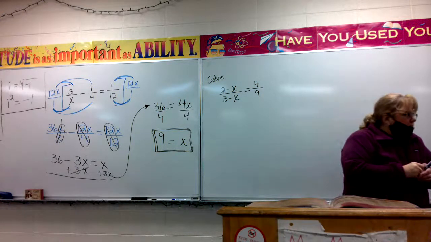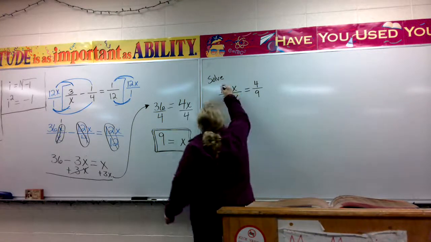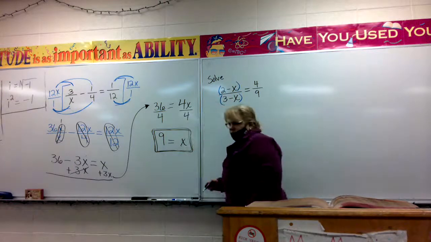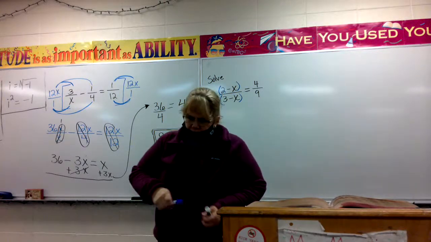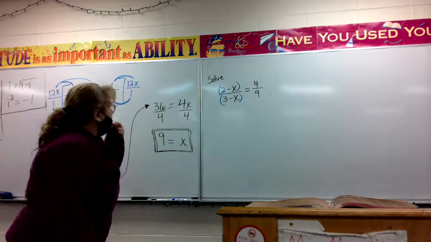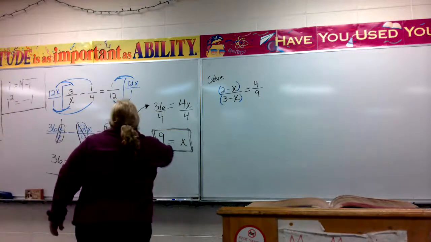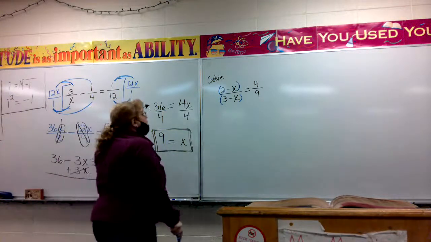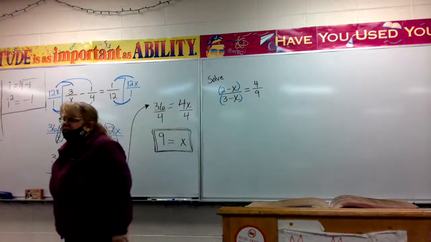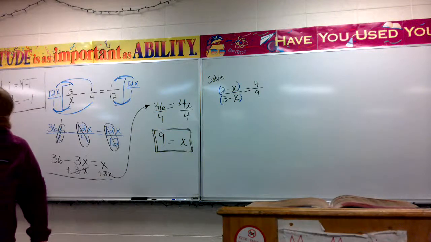There's actually a couple ways you could do this one. Oh, wait. See this? Right off the bat, parentheses. You know how we multiplied by the common denominator? You could do that here, but there's actually, I think, an easier way to do it that you already know how to do from a while ago.